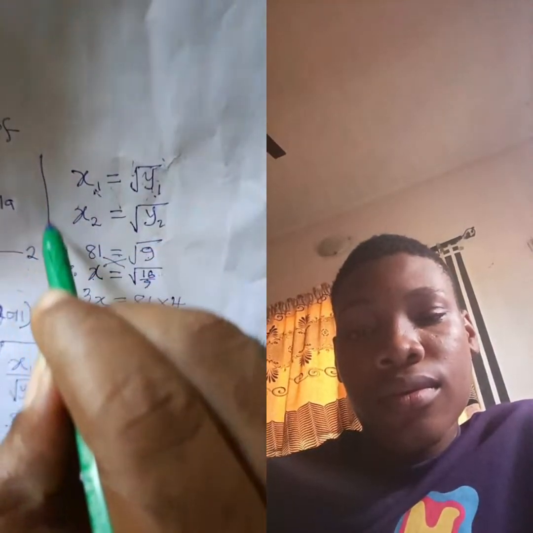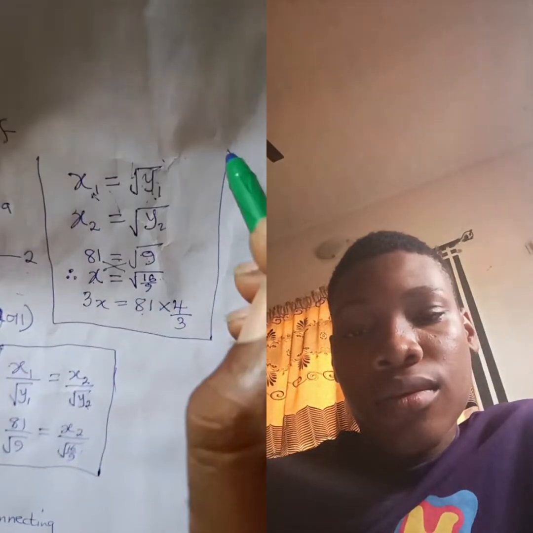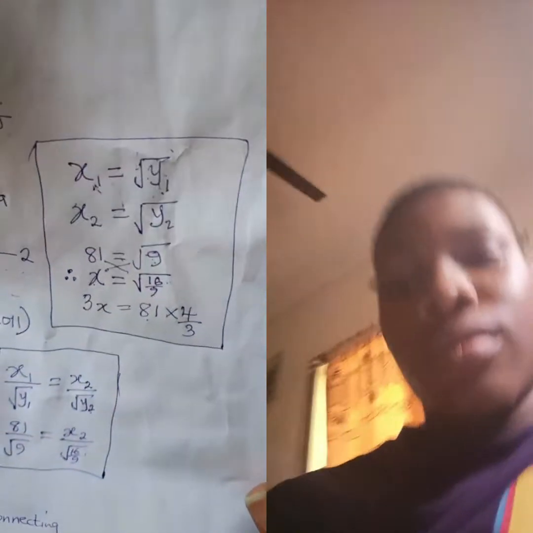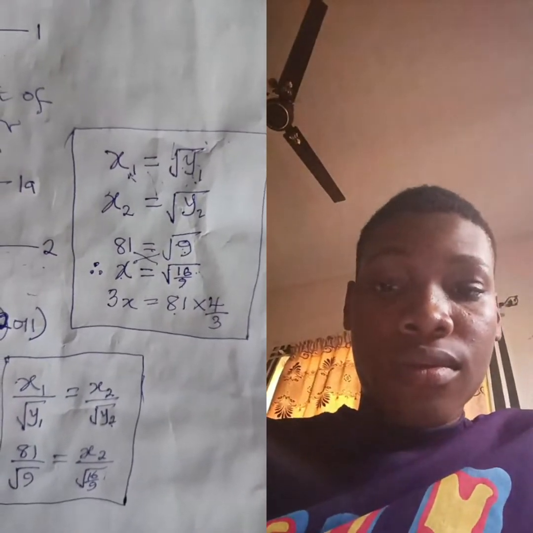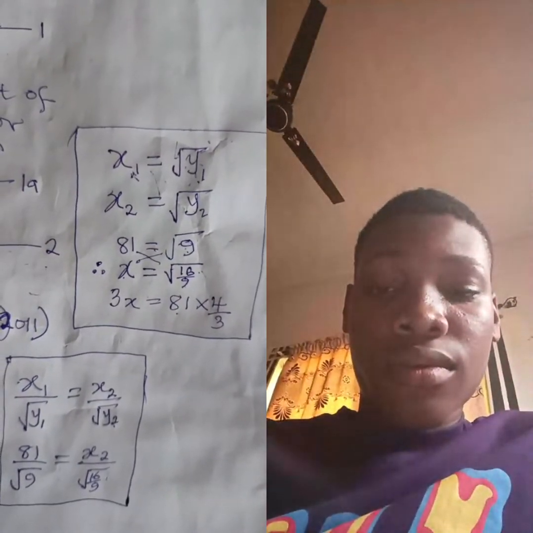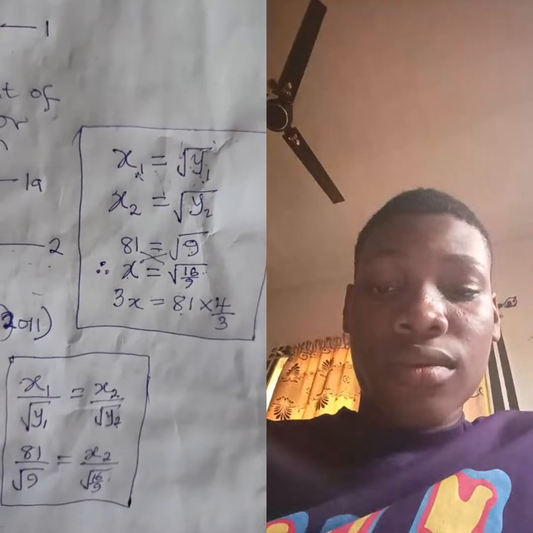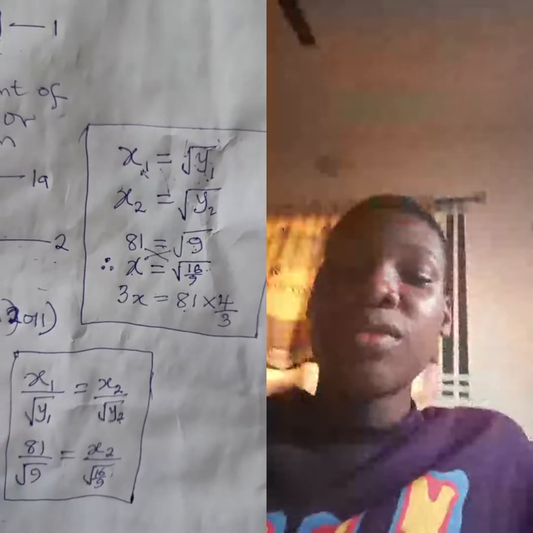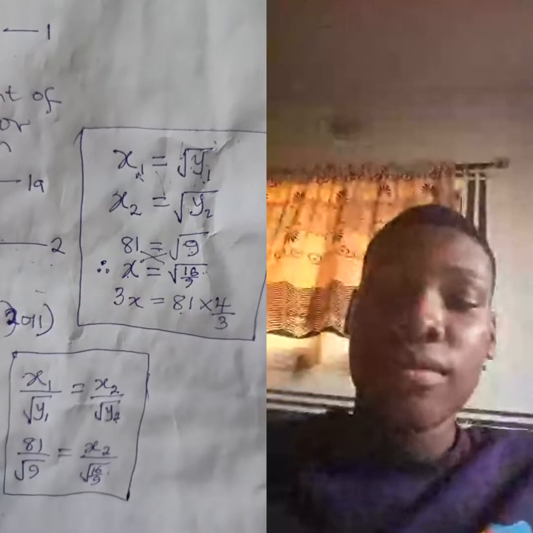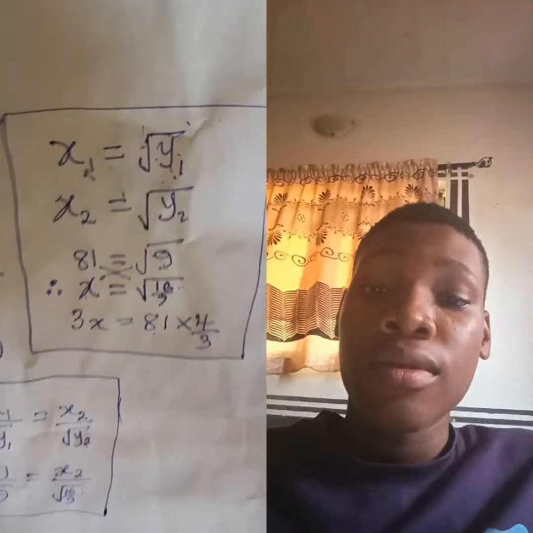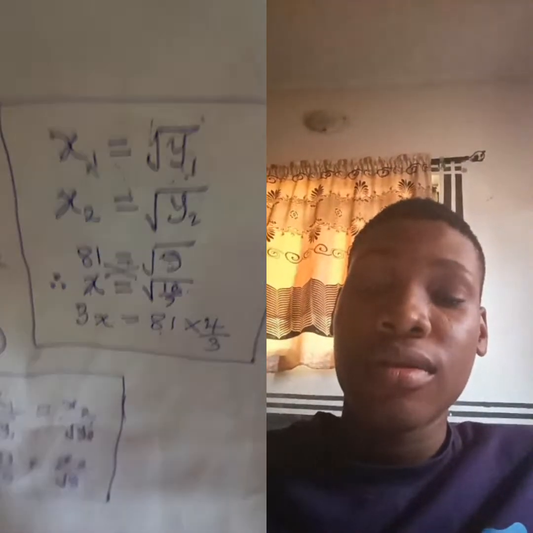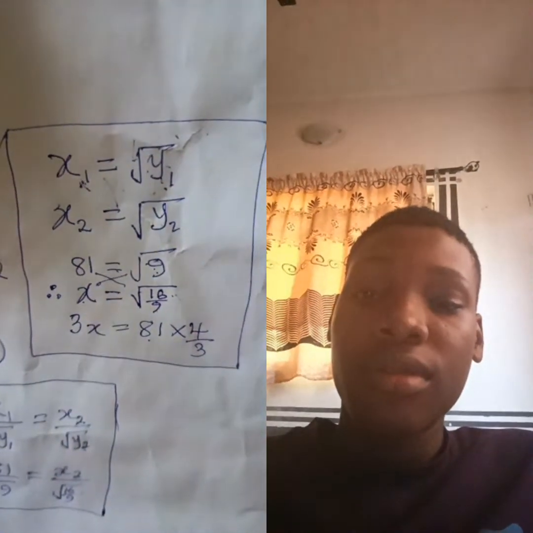However, look at this, copy it. I also want you to verify that you will get the same answer if you use this approach. 81 equal to the square root of 9. Just stay calm and then it will show up. Are you seeing it now? So copy it.